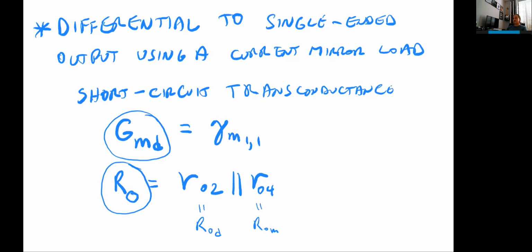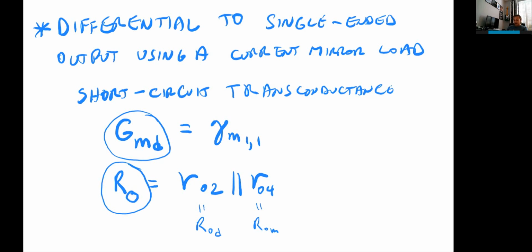For the purposes of this short circuit calculation of how I can translate from differential to single-ended, I want this whole circuit to look like a single transistor.